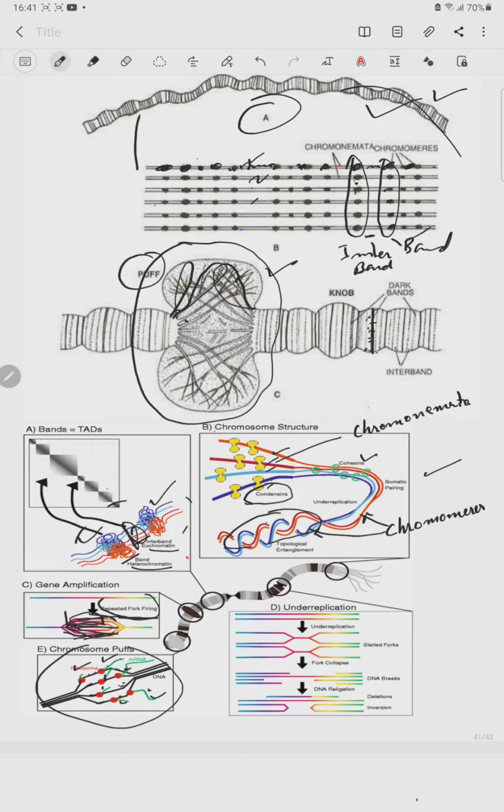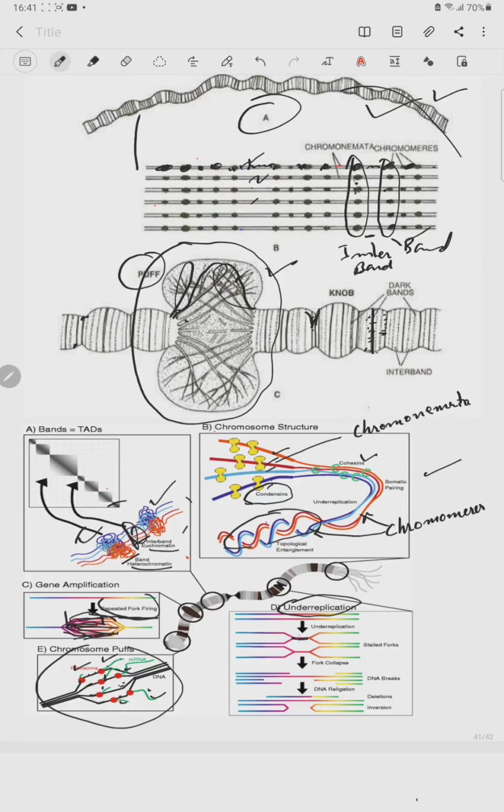When you see a polytene chromosome, at a certain site it is highly constricted. Suppose at this site it is highly constricted. It is due to under replication, that is, at this site DNA is less replicated, and the number of copies of DNA molecules arranged side by side is less. A structure of this type is formed at this site.